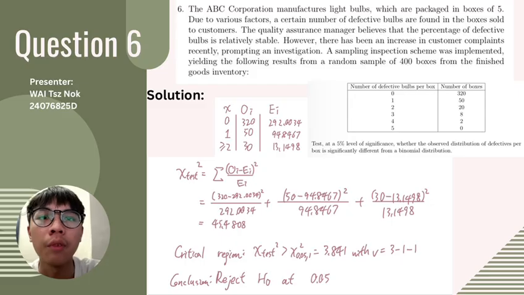At the 5% level, the critical chi-square value for 1 degree of freedom is about 3.84. Our test statistic 45.5 is much larger than 3.84, so we can reject the null hypothesis.